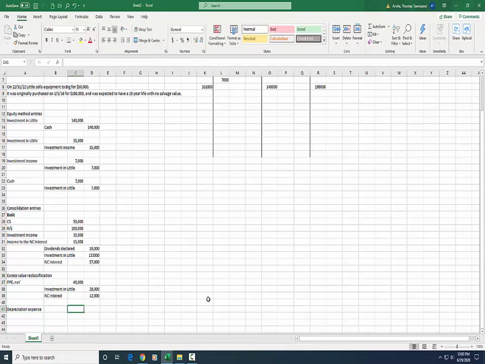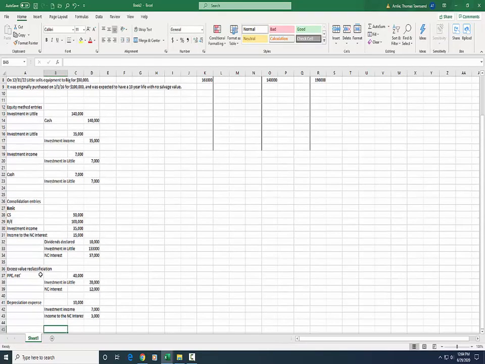So we say, okay, we're going to tack on $10,000 of additional depreciation expense. Now, who bears that expense? Well, that expense is borne 70% by the parent, so that's going to affect their investment income for their share. The rest of that goes to the income to the non-controlling interest.